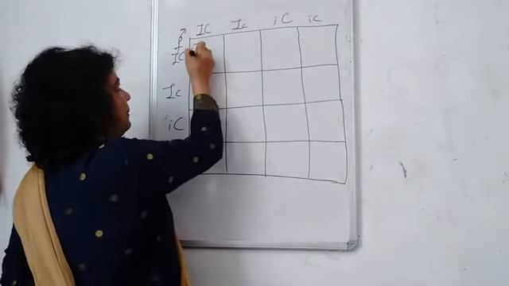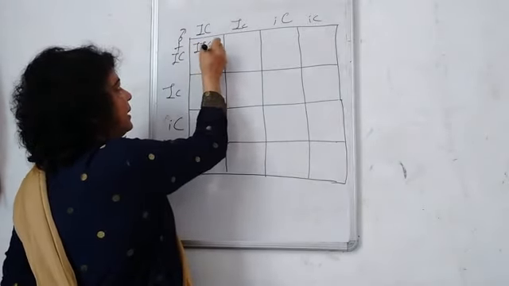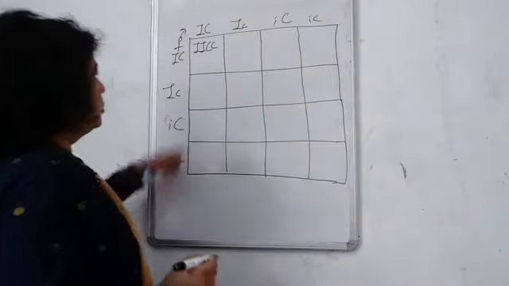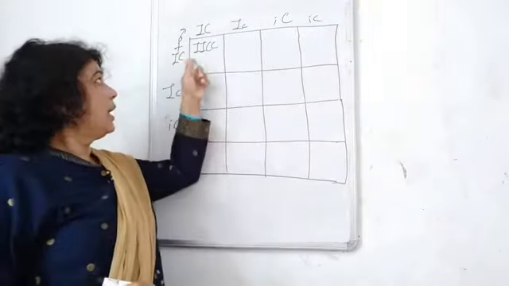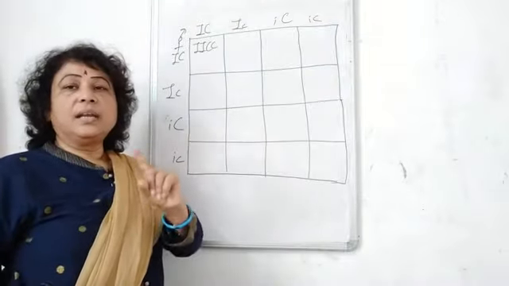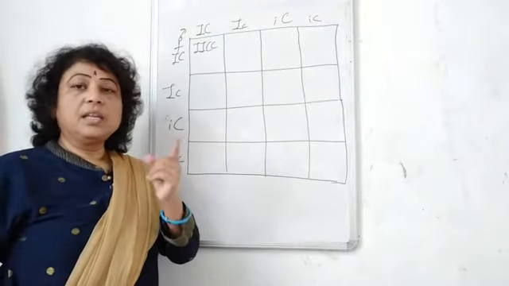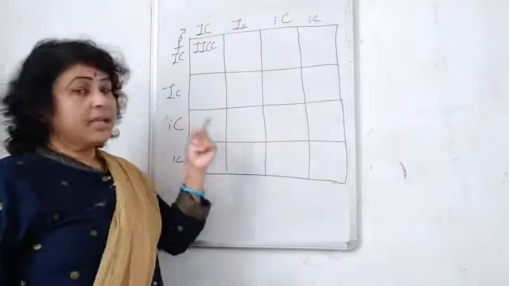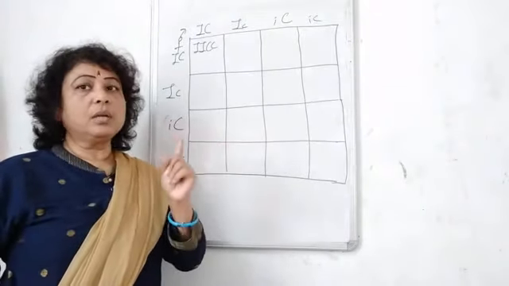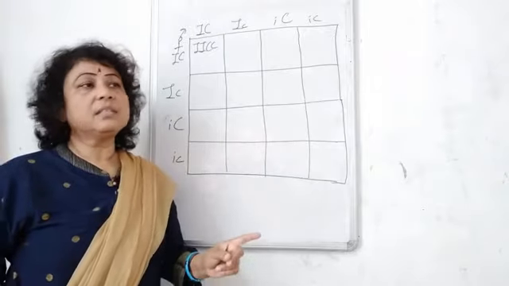So here the capital I, capital C, capital C. C is responsible to develop the color. But I is the epistatic gene and it is the inhibitory gene. It inhibits the color formation. So when I is in dominant condition, it does not allow C to express its characters.